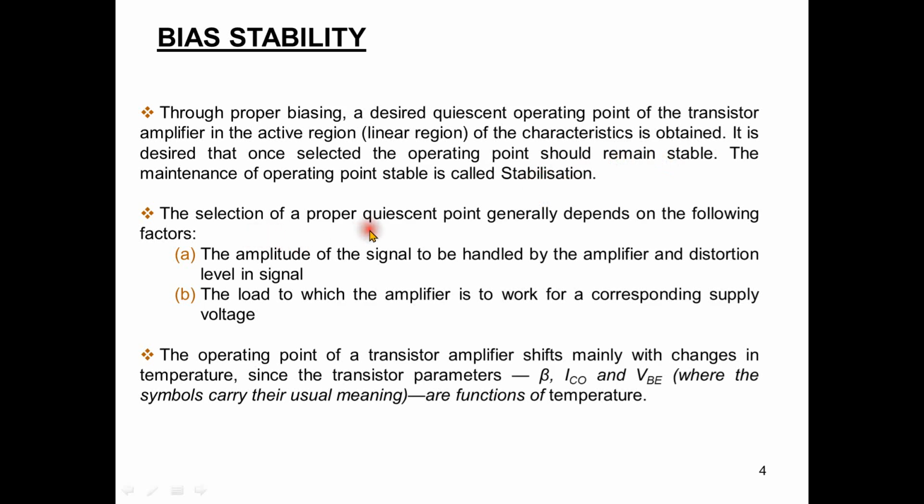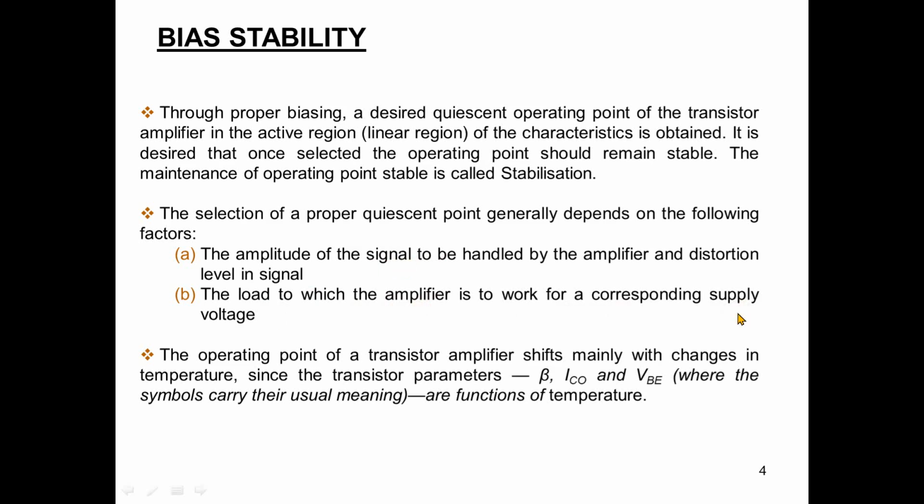The selection of the proper quiescent point generally depends on the following factors. What are the two factors? Factor number one is the amplitude of the signal to be handled by the amplifier and the distortion level in the signal, and the load to which the amplifier is to work for a corresponding supply voltage.